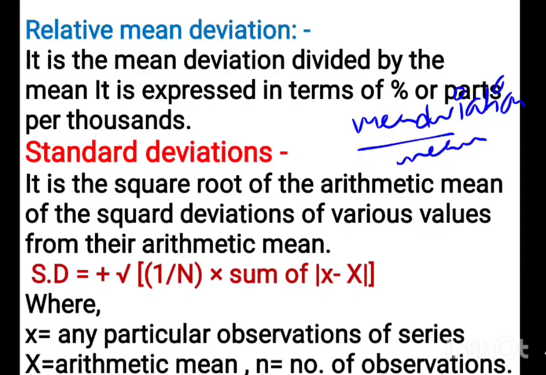Or you can find mean deviation divided by mean with respect to parts per thousand. Both are related to relative mean deviation.